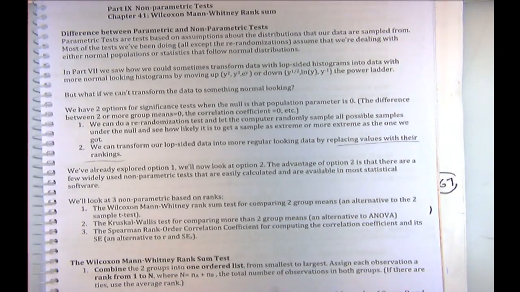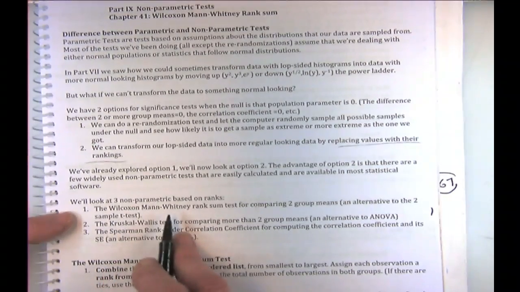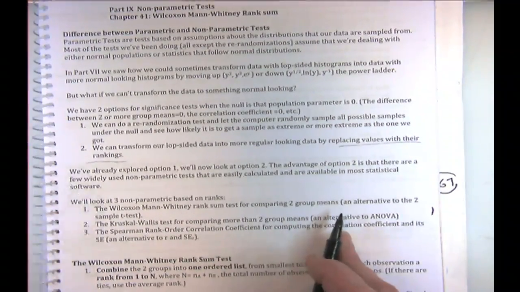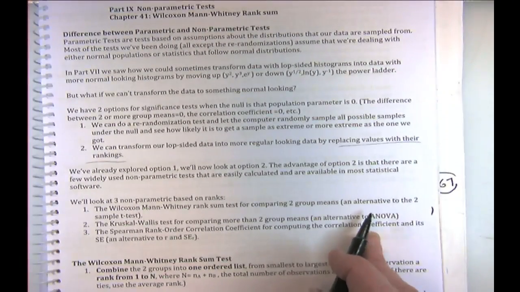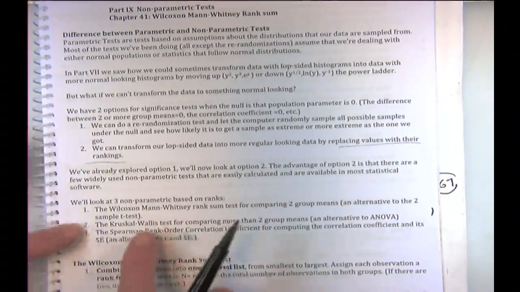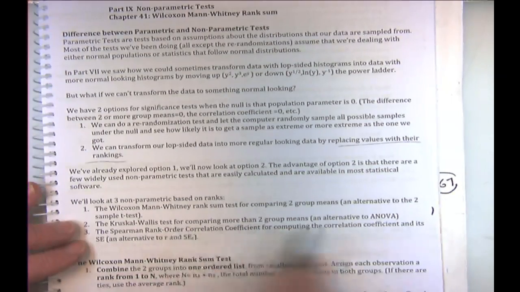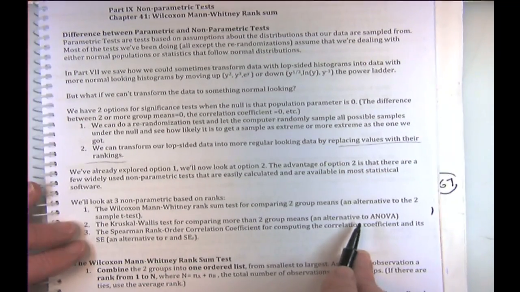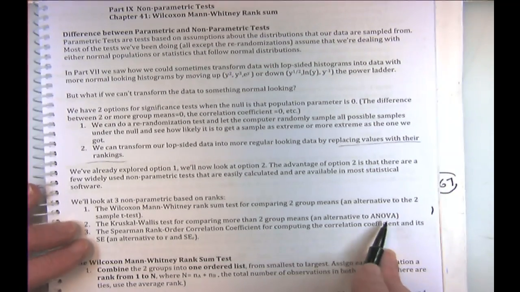Okay, so there are going to be 3 tests, and today we're just doing the Wilcoxon Mann-Whitney test, which is just comparing 2 group means. So it's an alternative to the 2-sample t-test. Next time we'll look at the other 2. One is an alternative to when you're comparing more than 2 group means, so it's an alternative to ANOVA.